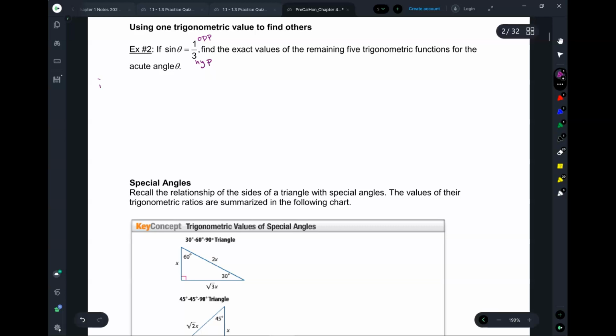So now I need to find cosine, tangent, and so on. My first step is I draw a right triangle. Okay, so here. And label one angle theta. Doesn't matter which one's which. So now, if sine is 1/3, that means the opposite side has a length of 1. The hypotenuse has a length of 3.